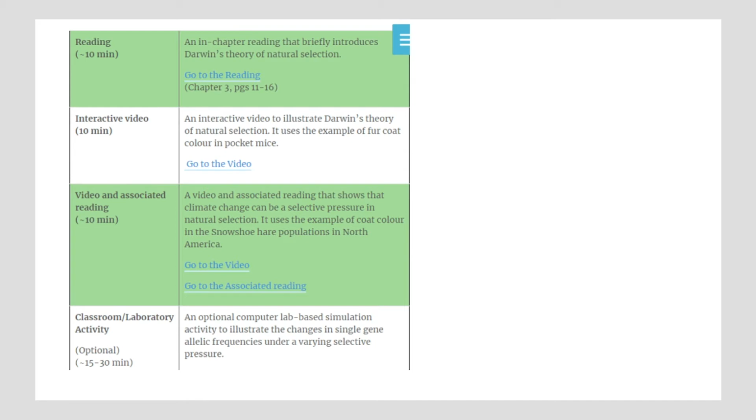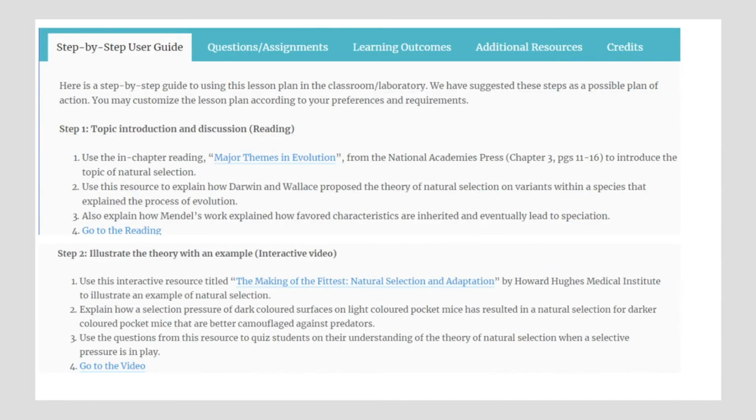It uses the example of coat color in the snowshoe hare populations in North America. There is an optional computer lab-based simulation activity that you may use in your classroom based on your requirements, and this activity illustrates the changes in single gene allelic frequencies under a varying selective pressure.